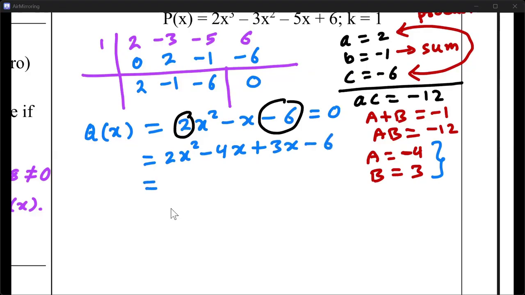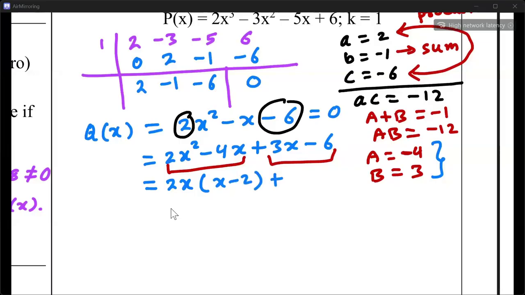Now you can pair them up. The first two and the last two. From the first two, we factor out 2x. You have x minus 2. From the last two, you factor out 3. You get x minus 2. So that x minus 2 is now a common factor.